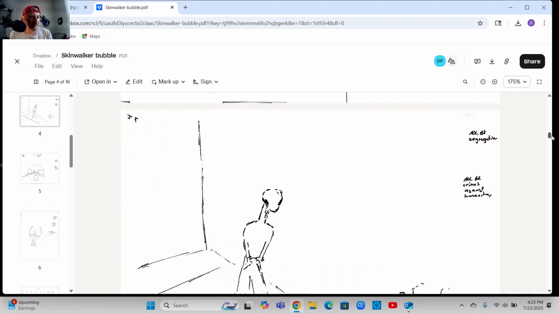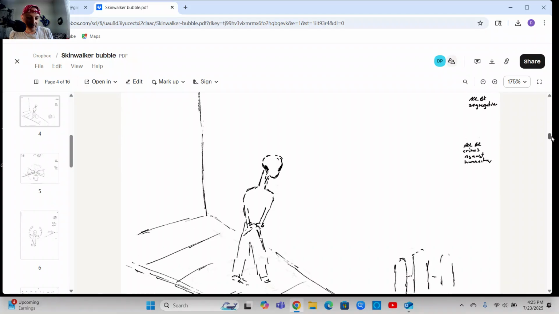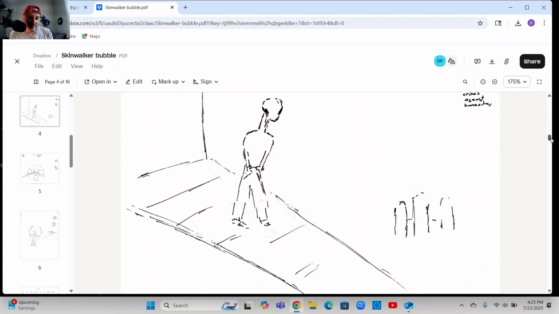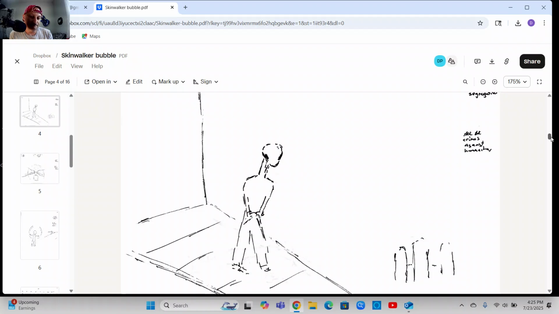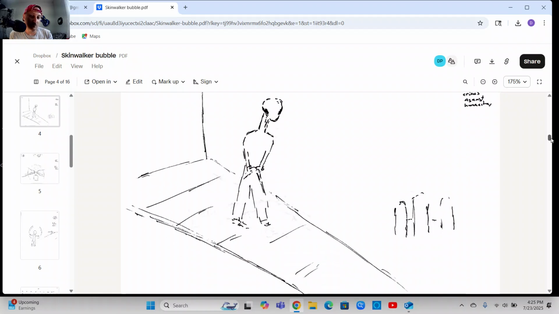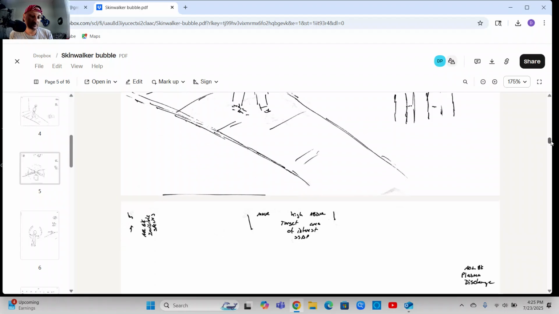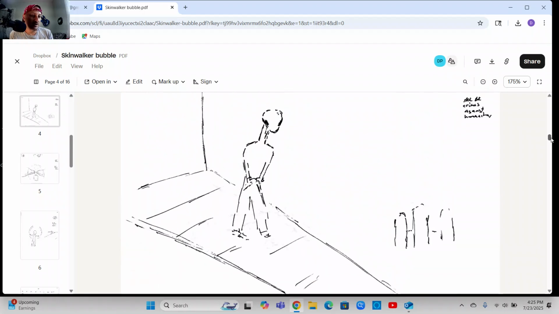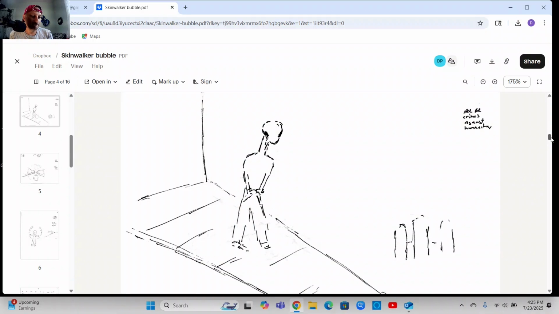So I get AOL segregation, AOL break, crimes against humanity. I get this sketch of this non-human being walking down this path, this hall, this ramp, I'm not sure. But yeah, AOL, crimes against humanity. This being felt sad. It was interesting.